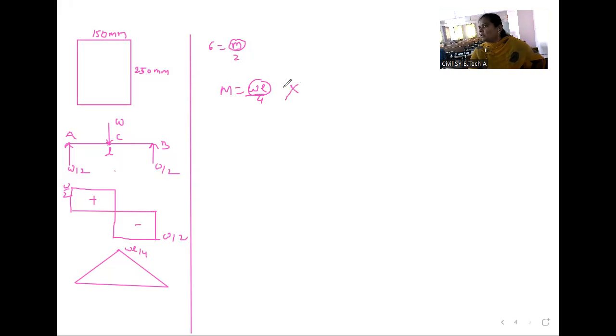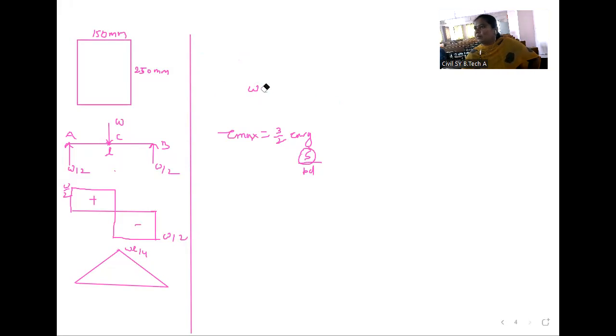So this equation is first not applicable. Suppose we use the max shear stress equation, then 3 by 2 tau average, where tau average means S divided by B into D. So here you will get the shear force. From this you will calculate W, and after that we will apply the bending equation and find out this L. Okay, so this is an inverse type of problem.